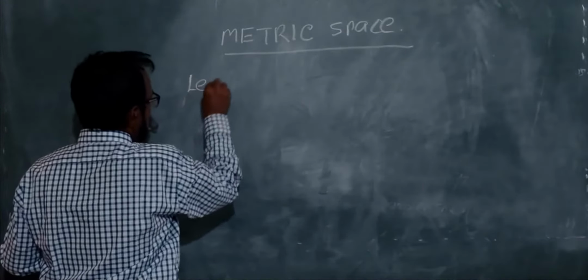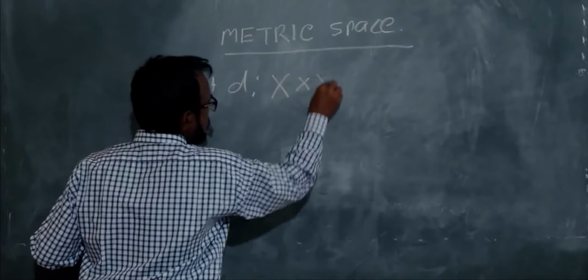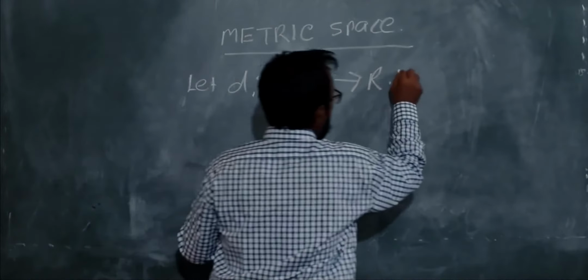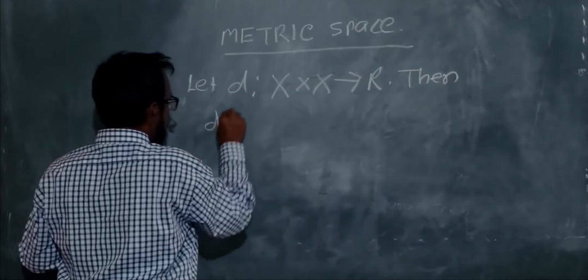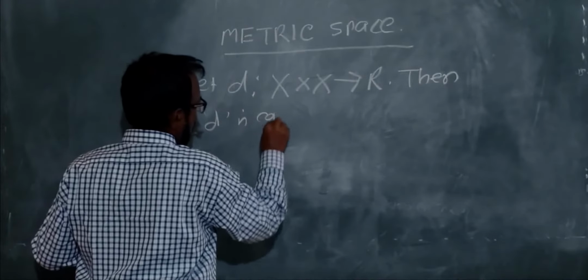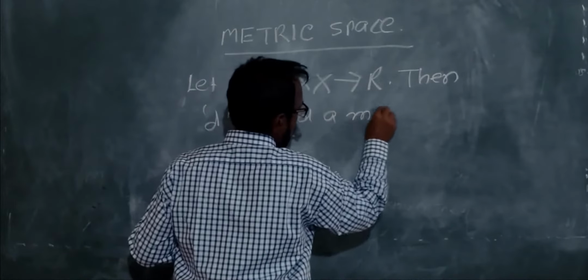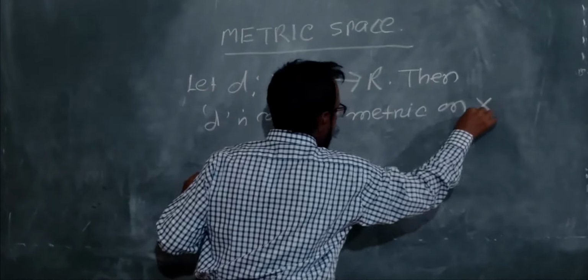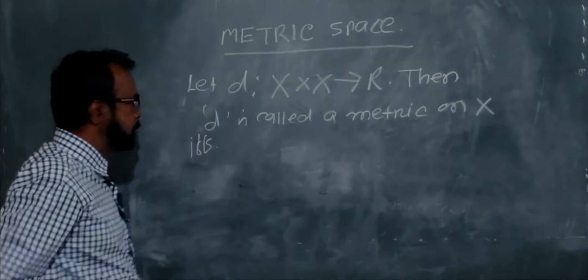Let D be a function from X cross X to R. Then D is called a metric on X if it satisfies the following conditions.